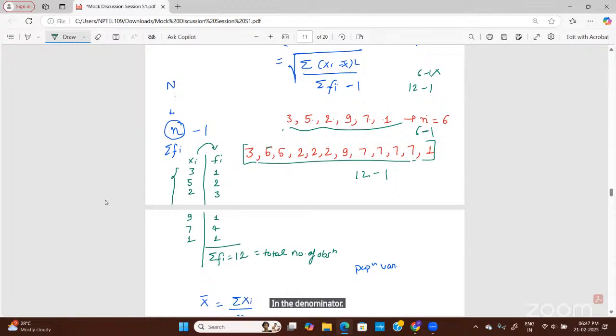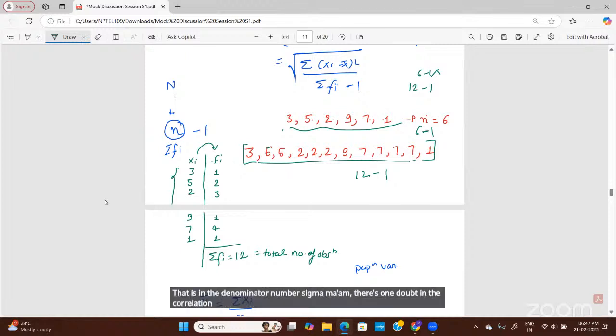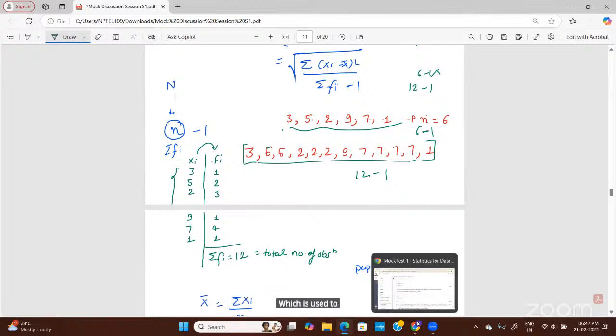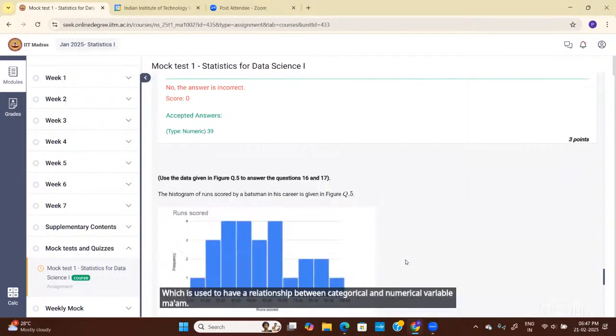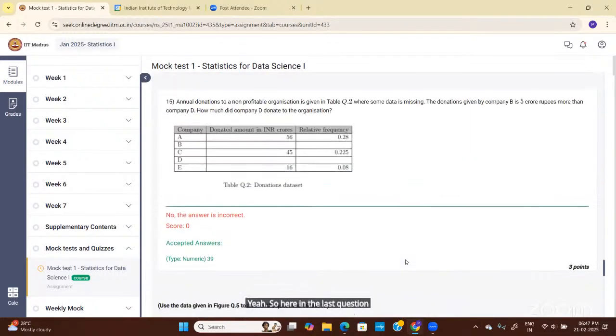Ma'am, there is one doubt in the correlation coefficient in the last question. You said there was one question where the point biserial correlation coefficient is used to find a relationship between categorical and numerical variable. Here, in the last question, it is not a point biserial correlation coefficient.